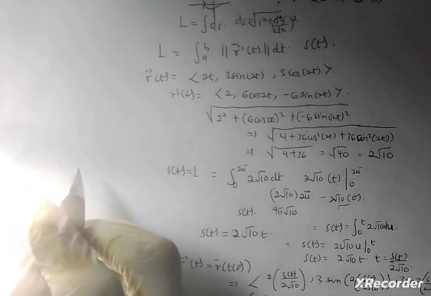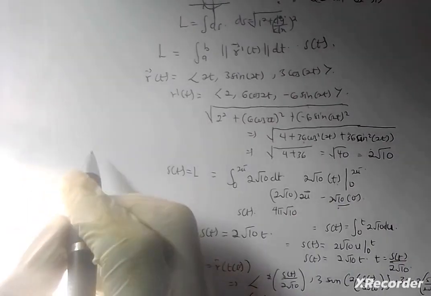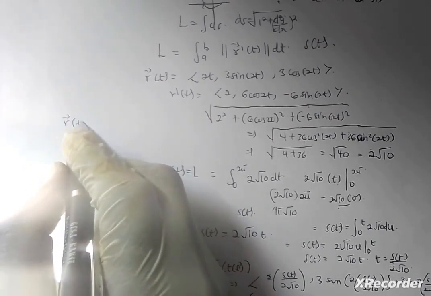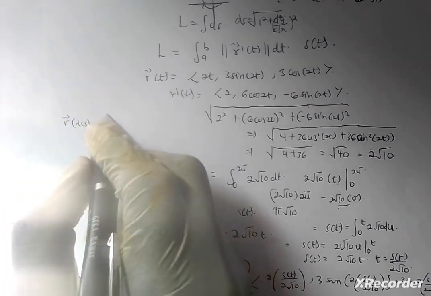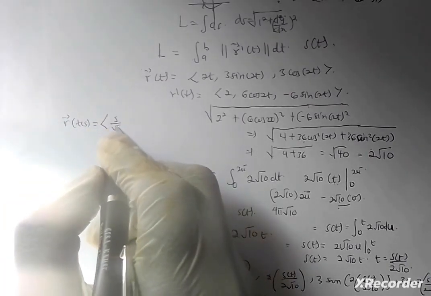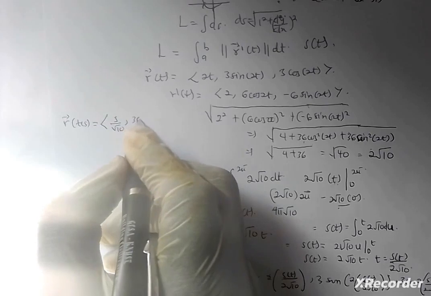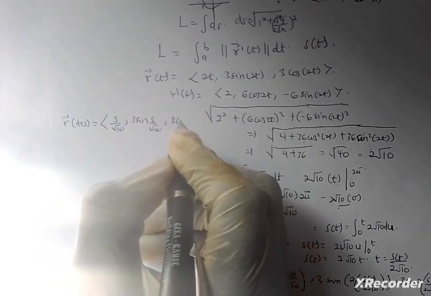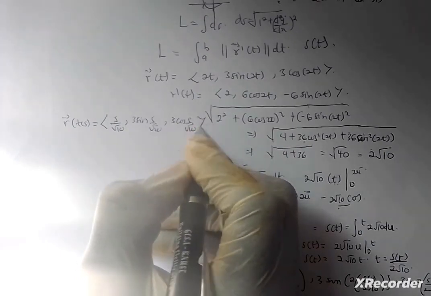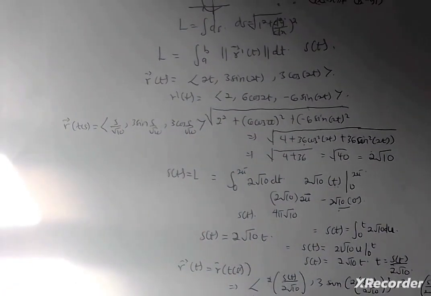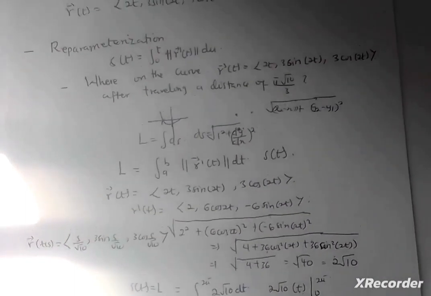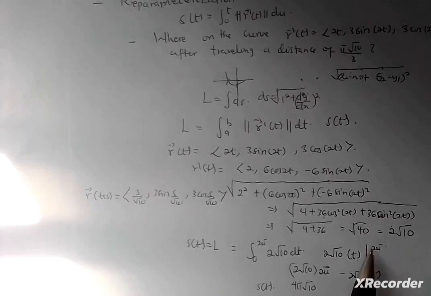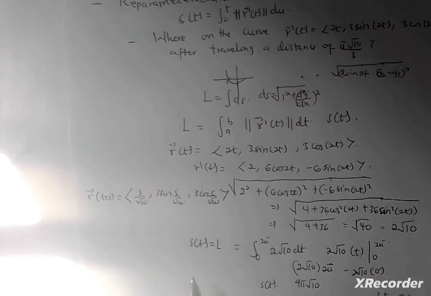So I have my reparameterized function here, r of t of s equal to angle s over root 10, comma, 3 sine s over root 10, comma, 3 cos s over root 10. Wherever I see s, I'll put what the question gave me: pi root 10 over 3.